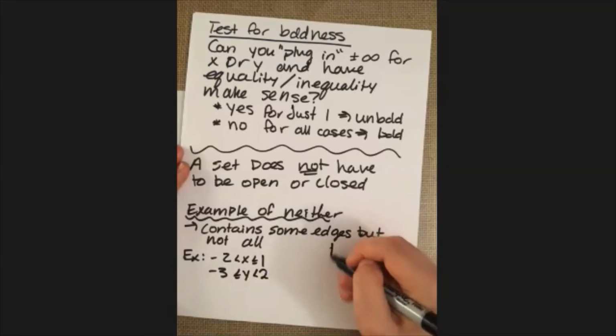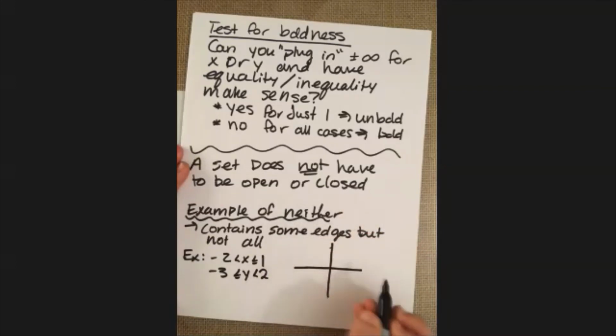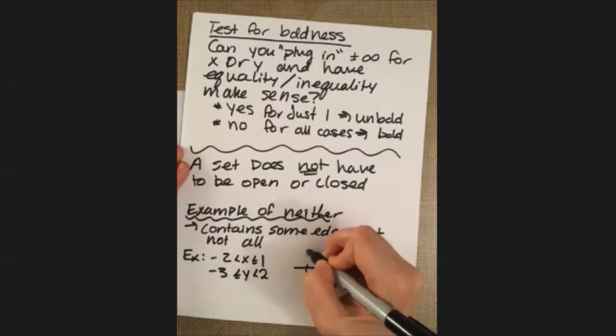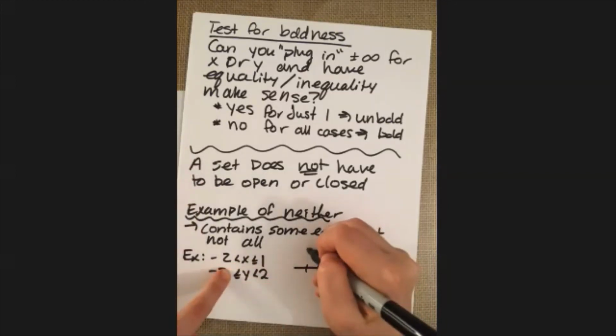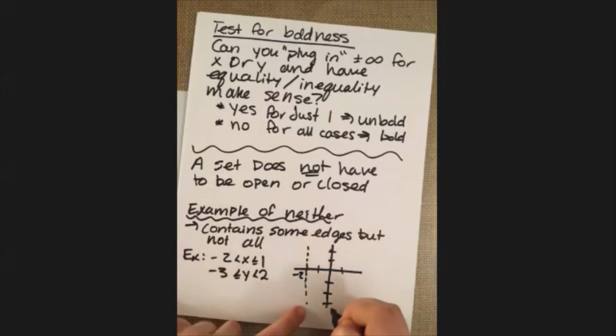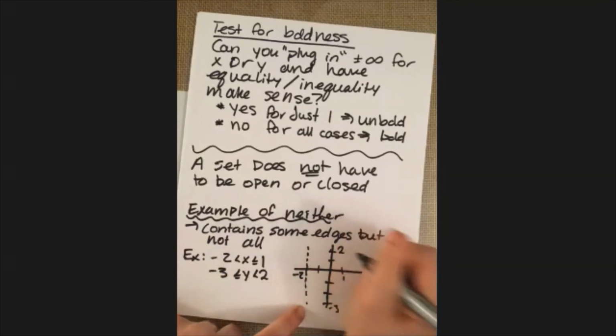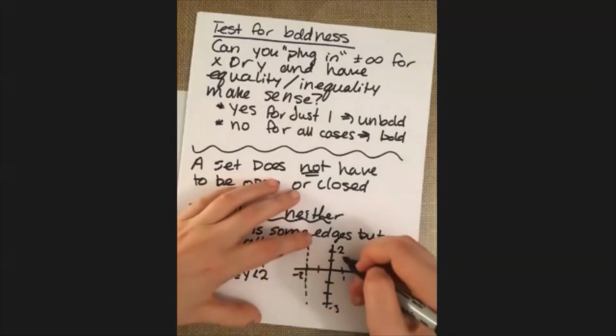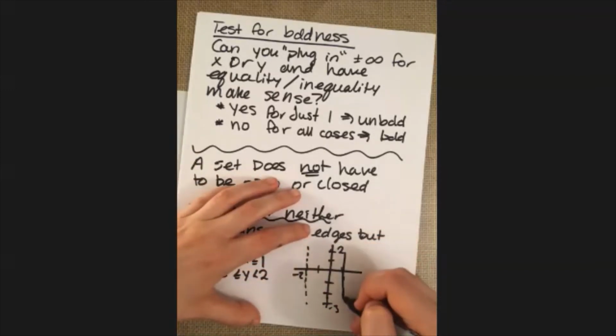If I wanted to graph this, it's still the same shape as what we've been working with. So -2 would be here, but because this doesn't have the equality, we've got the dashed line, so we're not including this border, which I should probably label -2, -3, 1, and 2. But this one over here, we are including this boundary.